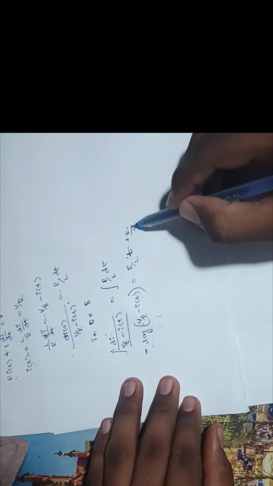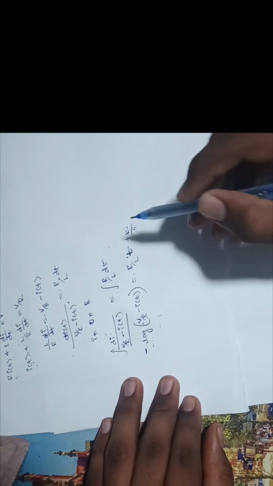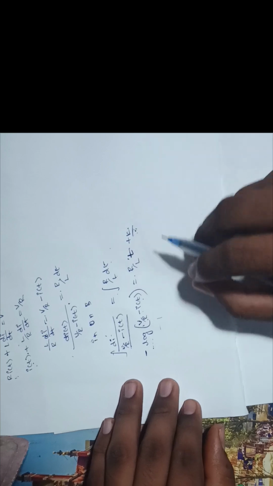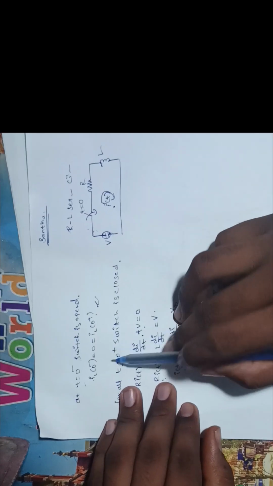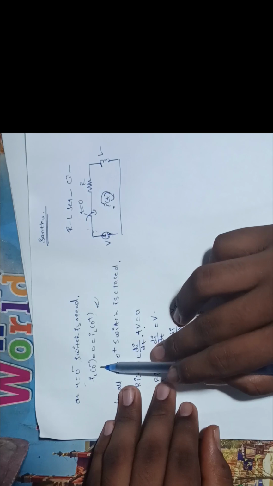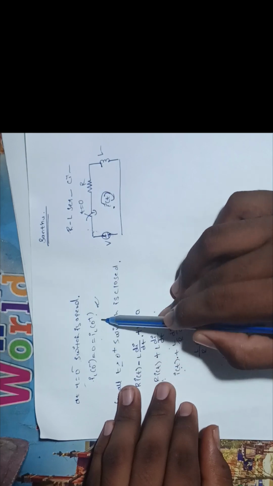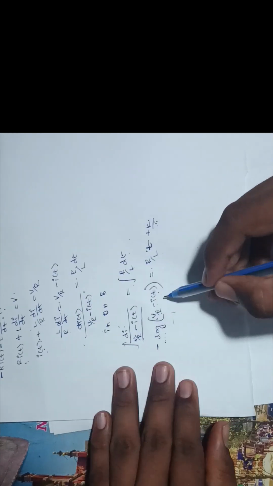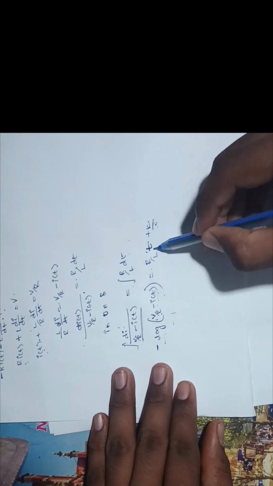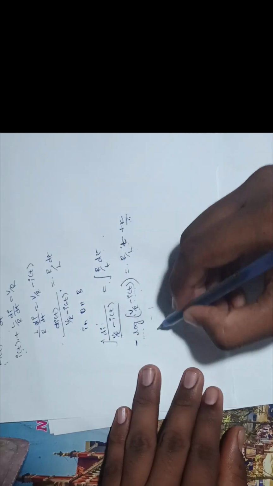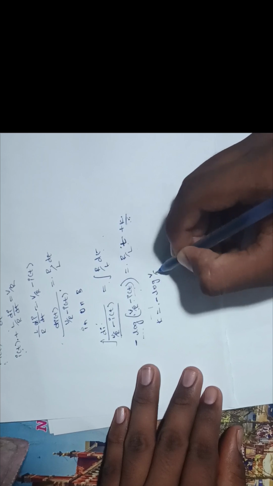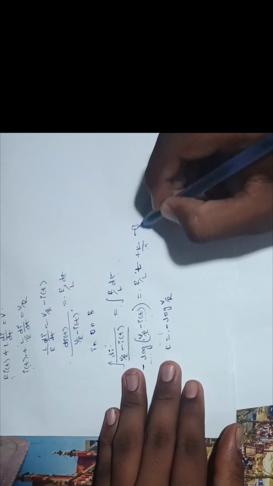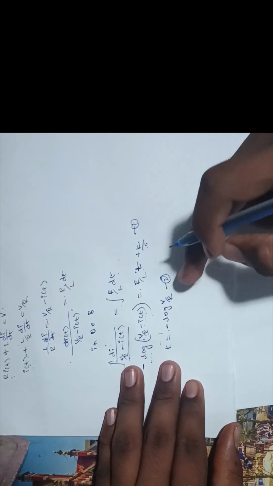So we find the value of the constant K by applying the initial conditions. Here iL of 0 minus equals 0, iL of 0 plus equals 0, so i of t is 0 and t is also 0. So K becomes minus log V by R. Assume this is equation 1 and this is equation 2.